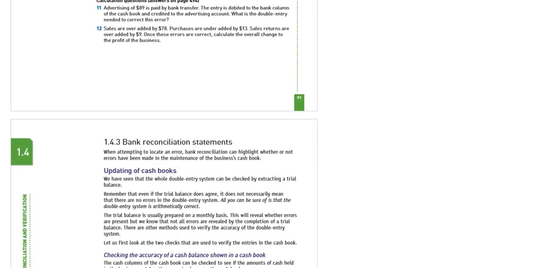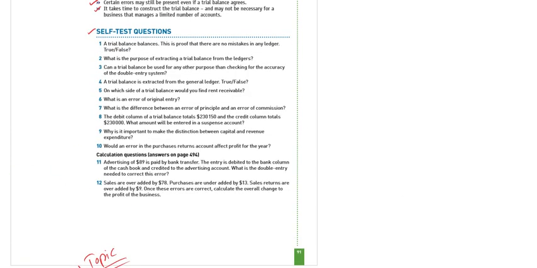The next concept is related to bank reconciliation, and it's very important as per exam. So this is the new topic, so we will discuss it in the new class. Okay. So you have to practice at this point, and if you have time and can solve these questions by yourself, it will be very beneficial for you.